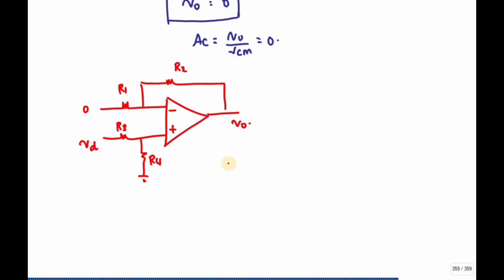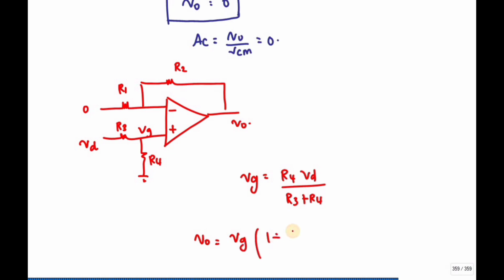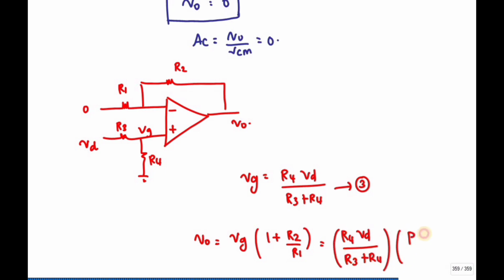I can write VG equal to R4 into VD divided by R3 plus R4. V naught is equal to VG into 1 plus R2 divided by R1. This is my third equation. Substituting in the fourth equation, I get R4 VD divided by R3 plus R4 into R1 plus R2 divided by R1.